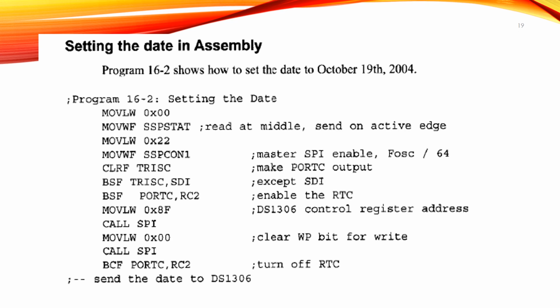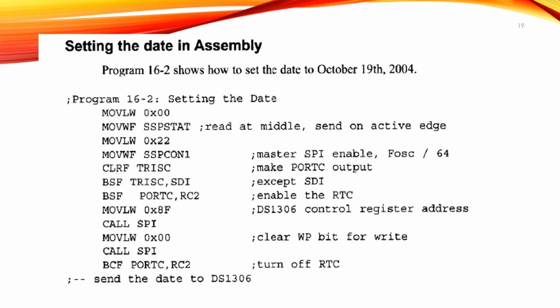So for that move LW 0x00, then move WF SSP stat, read at middle, send on active edge, move LW 0x22, minimum beginning settings, move WF SSP con1, clear F TRIS C, then BSF TRIS C SDI, then BSF port C comma RC2, enable RTC, move LW 0x8F, control register address, call SPI, move LW 0x00, clear WP bit for write, and call SPI, BCF port C RC2.